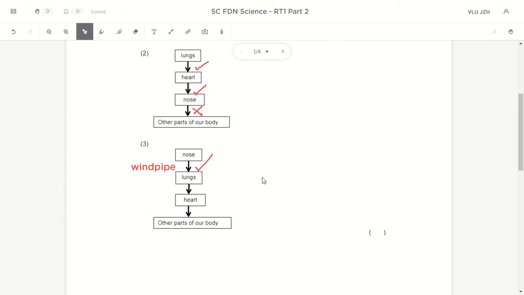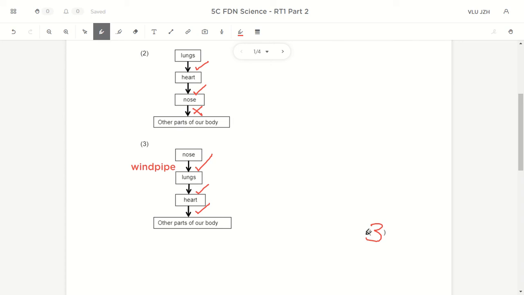The lungs absorb the oxygen through gaseous exchange, and then once the blood is full of oxygen, it will be transported back to the heart, and the heart will pump to the rest of the body. So the answer is 3.